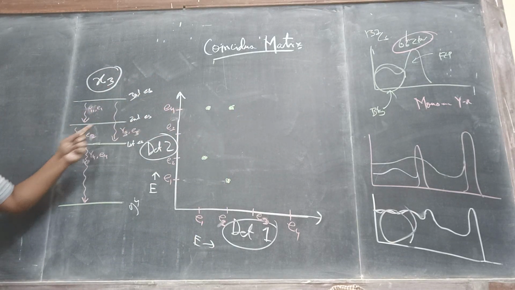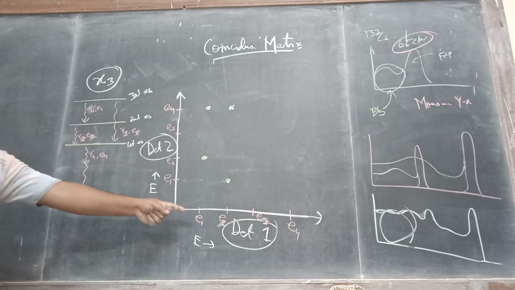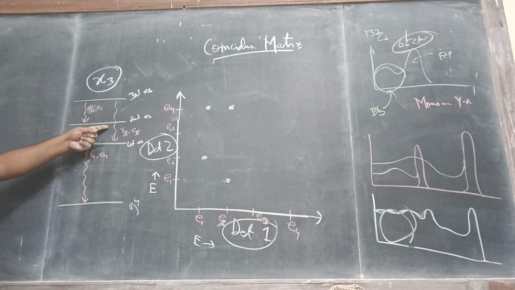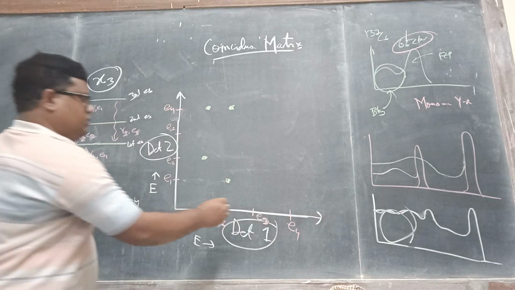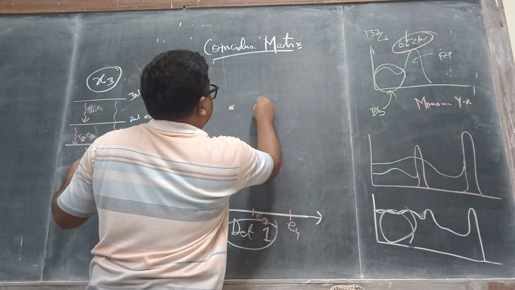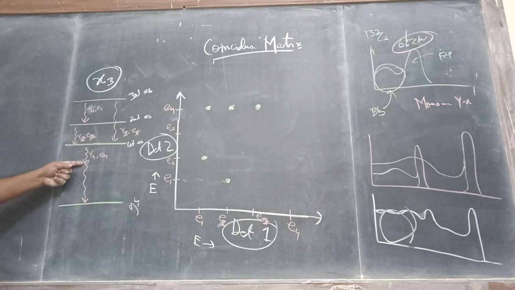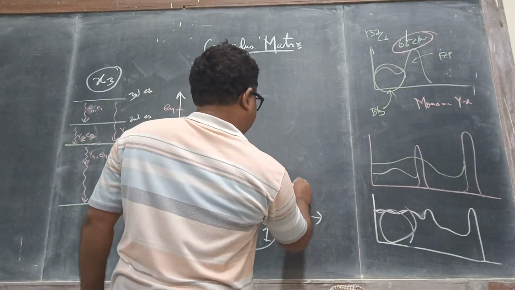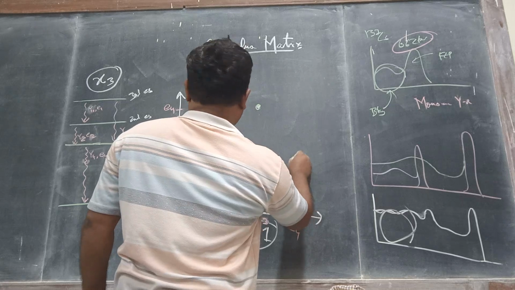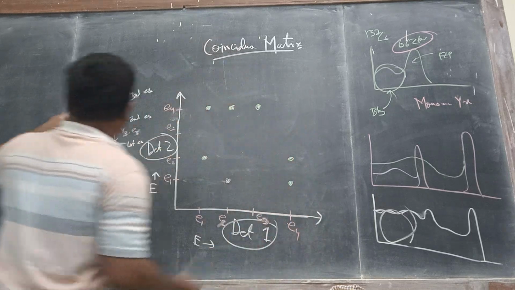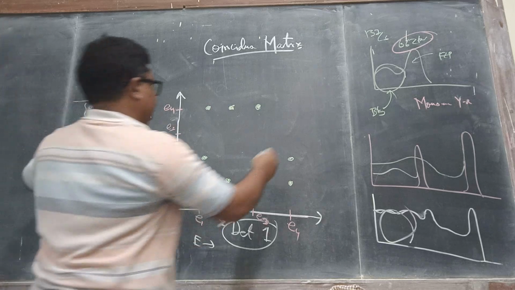Next, if I detect E3 in detector 1, which one will be coincident? Only E4. So E3 corresponds to only E4. Next, E4. If I detect gamma 4, then which one will be coincident? All 3, because this is also coincident with this. So basically I will be getting something like this: 1, 2 and 3.